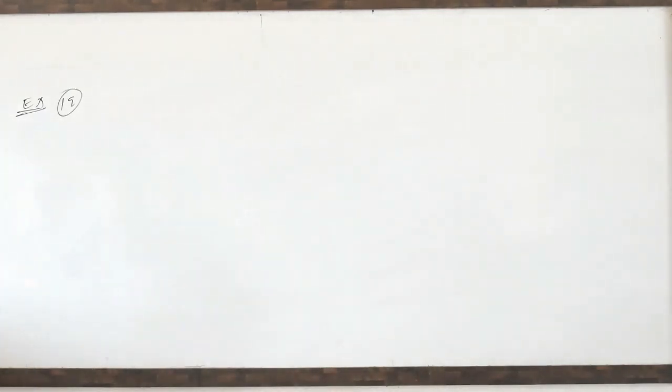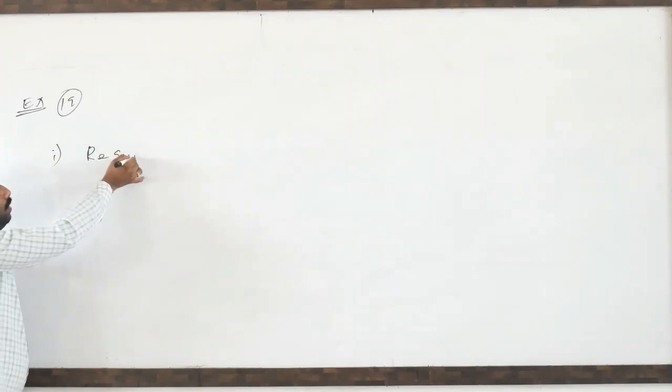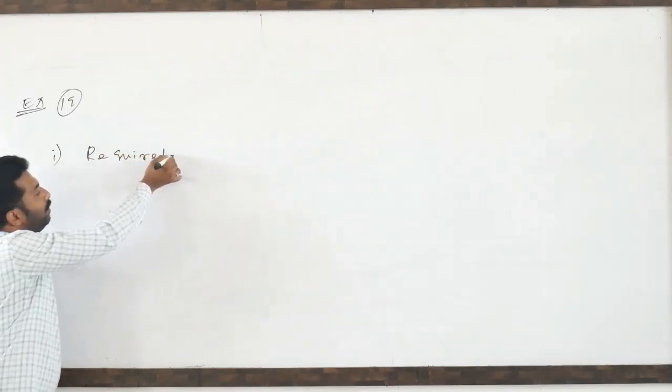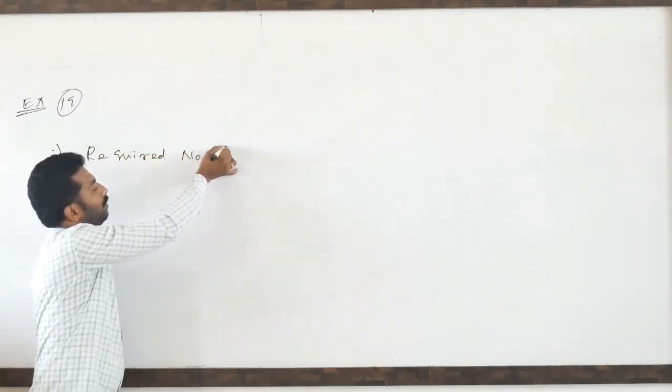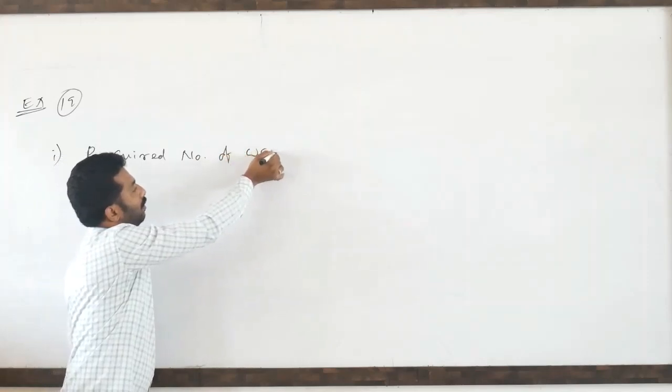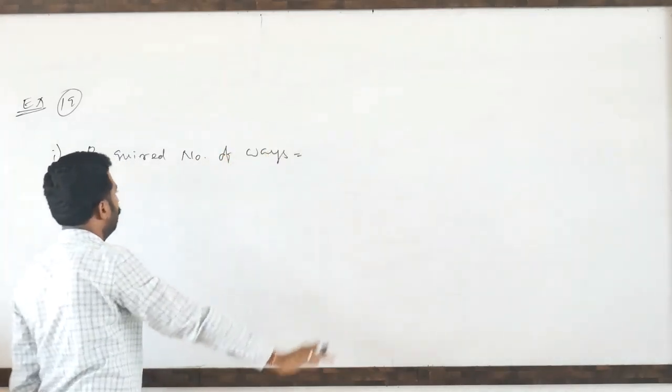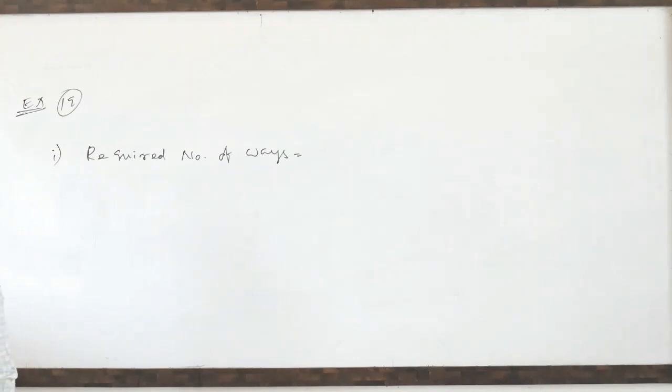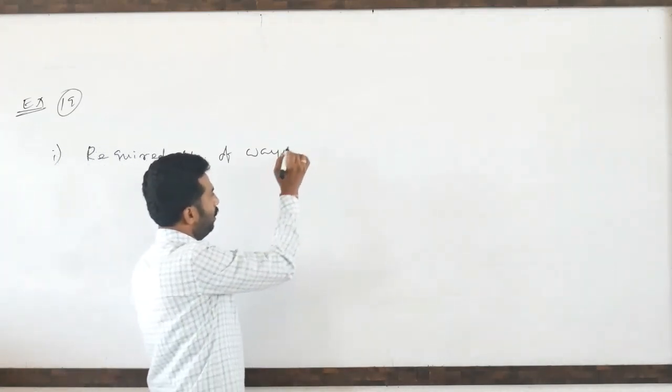4 cards are of the same suit. So required number of ways equals 4 cards are of the same suit. How many suits are there? 4 suits.